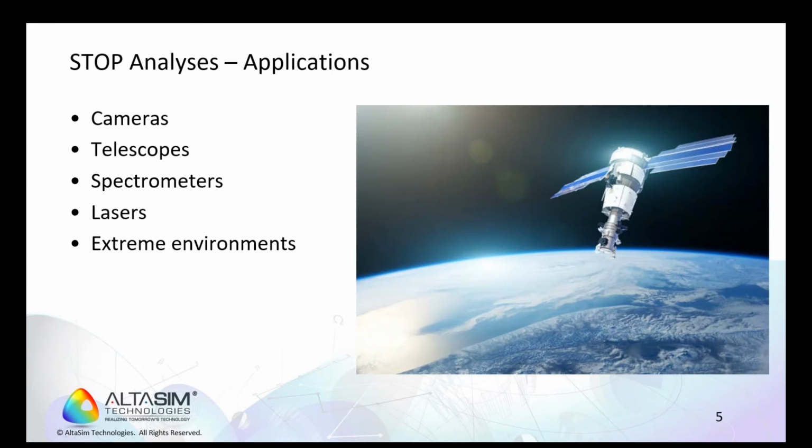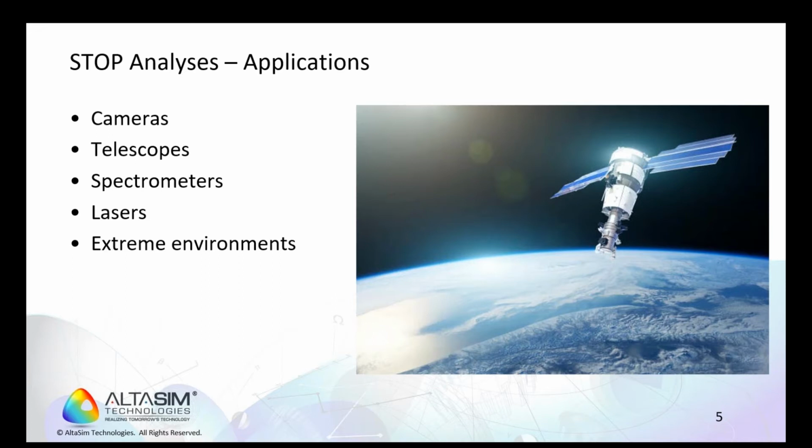So STOP analysis is applied to optical systems, things like cameras, telescopes, spectrometers, lasers, those types of things. Typically, when we see STOP analyses, there's something unique about the environment. There's something where the mechanical and/or the thermal loads of the system are going to produce a deformation.